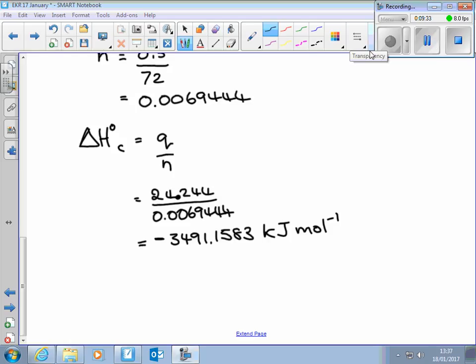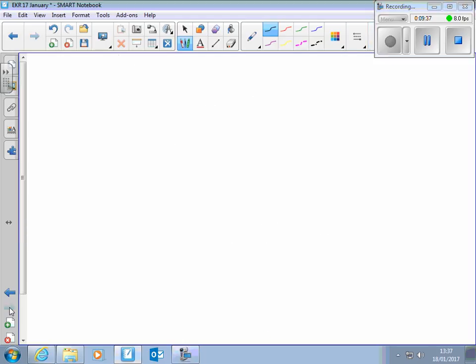Okay, let's have a look at that third one then. The information you're given in the third one: you're unusually told that the delta H value is minus 5,512. We don't need the minus when we're doing the calculations, but that's just the information we're given.